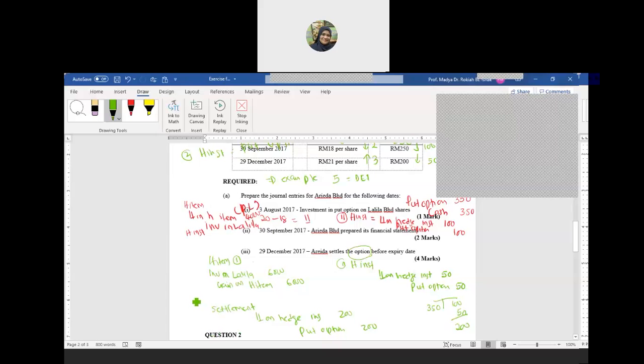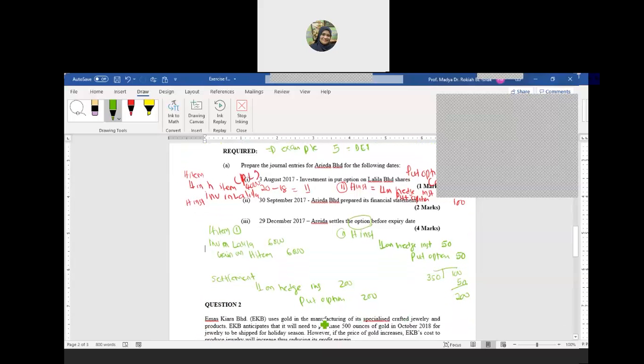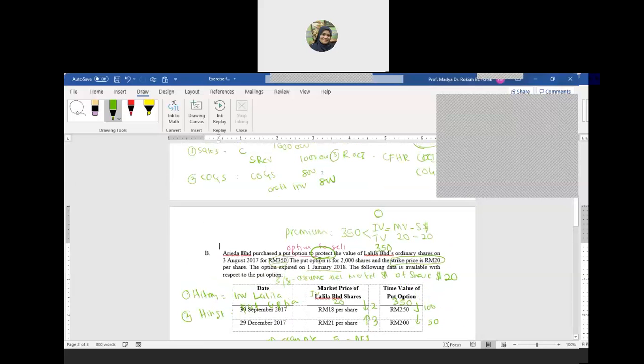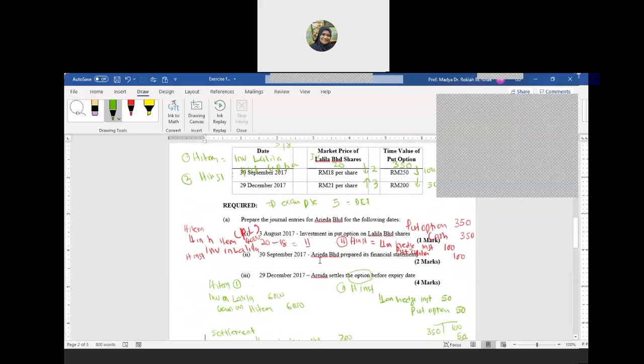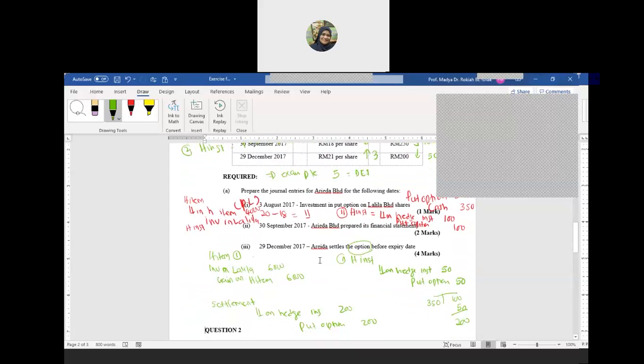Can we put it here? Maybe we need to have some space here.